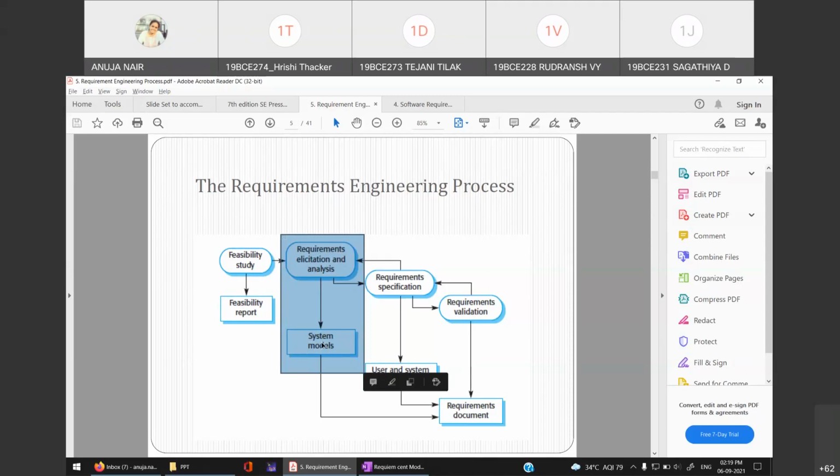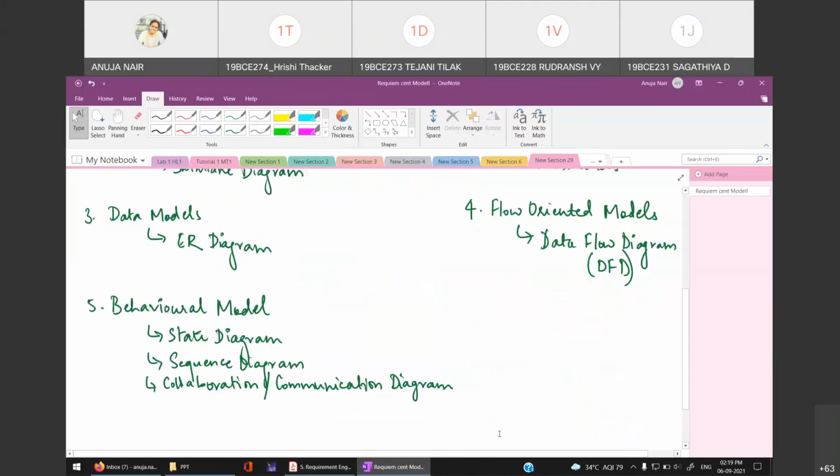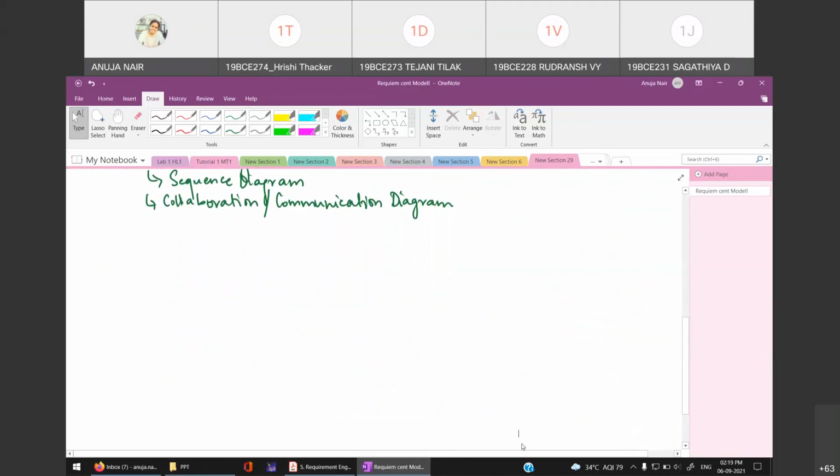So from today, we will be studying the different kinds of system models, with which you convert your requirements, which are in a textual format, into a diagrammatical representation, right? What we had studied until now, we had found out our FR, right?